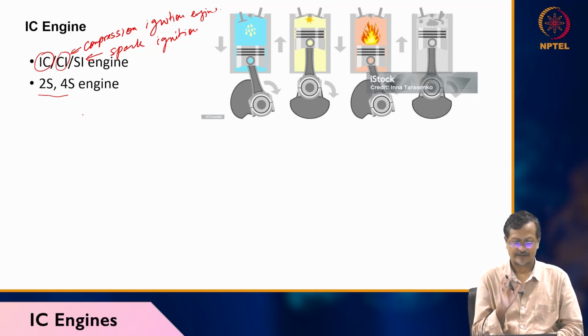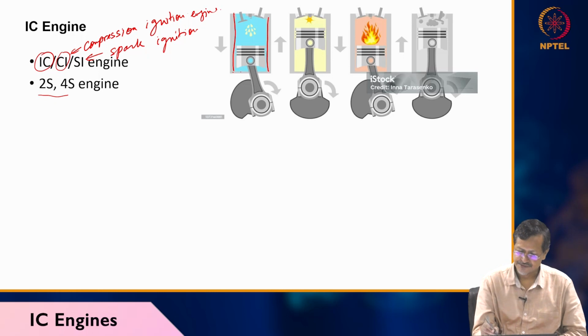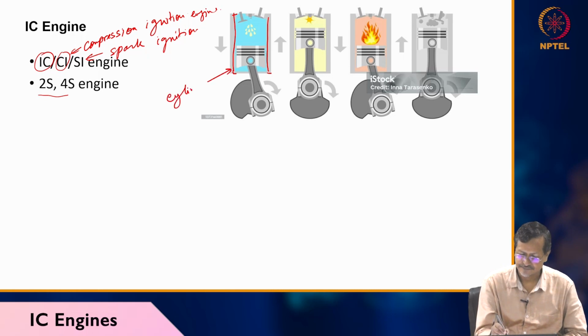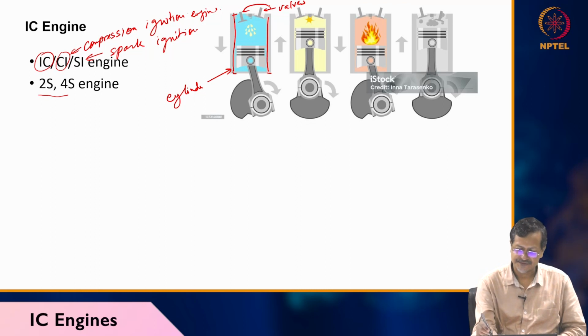First, try to understand what an IC engine is. An IC engine will have one cylinder. You see, this is a cylinder, and it will have valves. Two valves are there, another valve is here, and this is the spark plug.